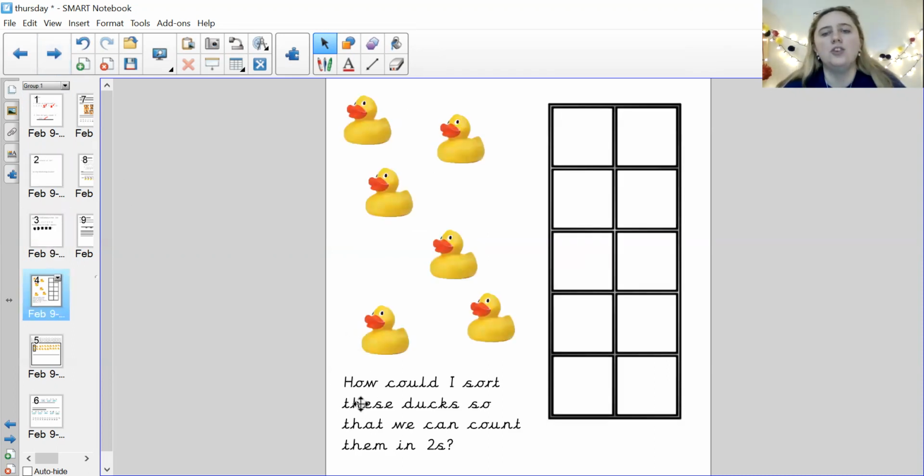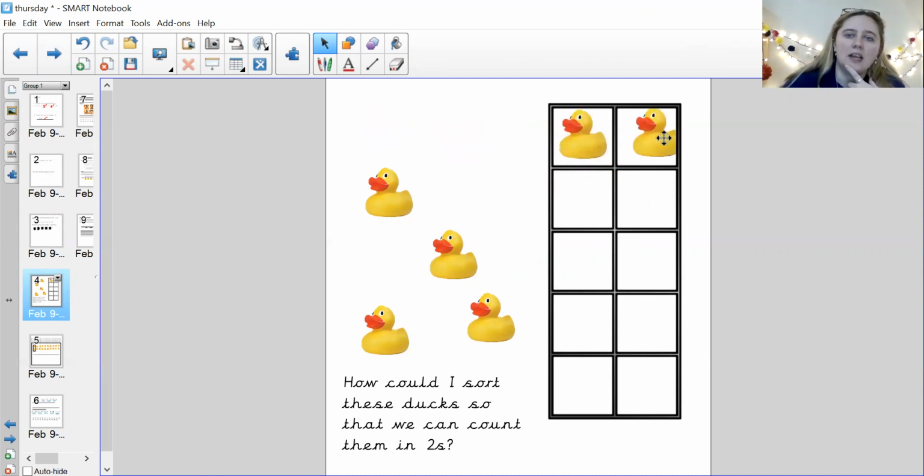So the question here is, how could I sort these ducks so that we could count them in twos? So it's a little bit tricky to count them in twos when they're all over the place, isn't it? I think this might be a big clue, don't you? We could put our ducks into this tens frame, couldn't we?